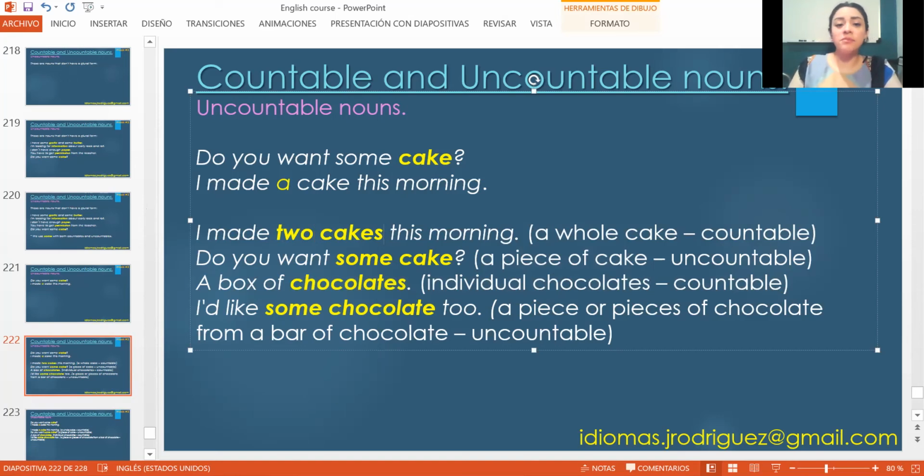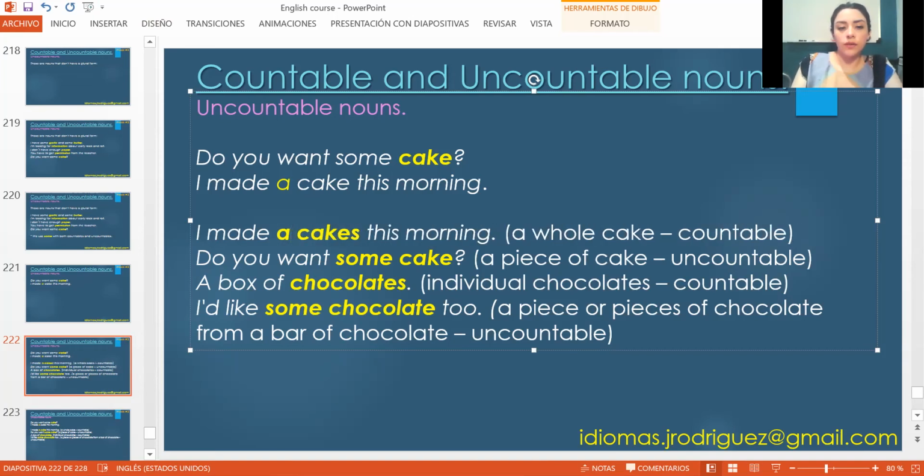I can say I made 3, 4, 5 cakes this morning. Okay, los números que sean. Porque en este caso es contable y podemos usar números. But in the next, do you want some cake? A piece of cake. Okay, una pieza del pastel.